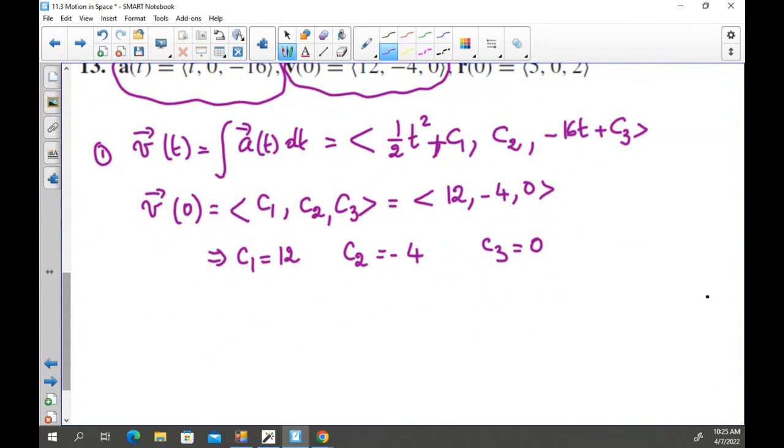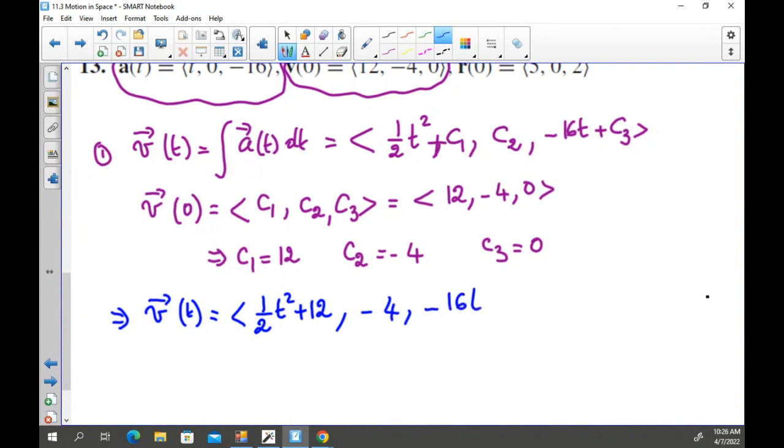So can we write the velocity now? Yes. So the velocity at any time t is going to be half of t squared plus 12, and then minus 4, and minus 16t, and that's the velocity.